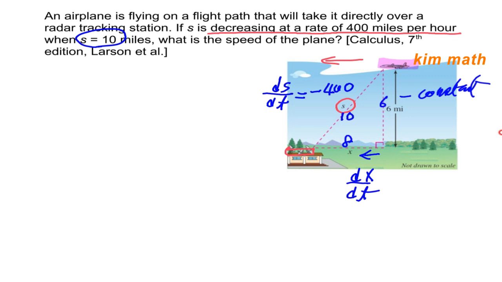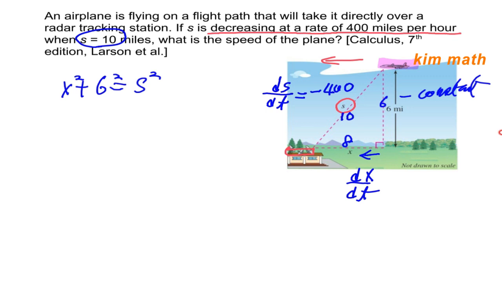In other words, x and s are the variables. Okay, I will write down the equation again containing s and x from this picture. So x squared plus 6 squared equals s squared. Good. It's the Pythagorean theorem.